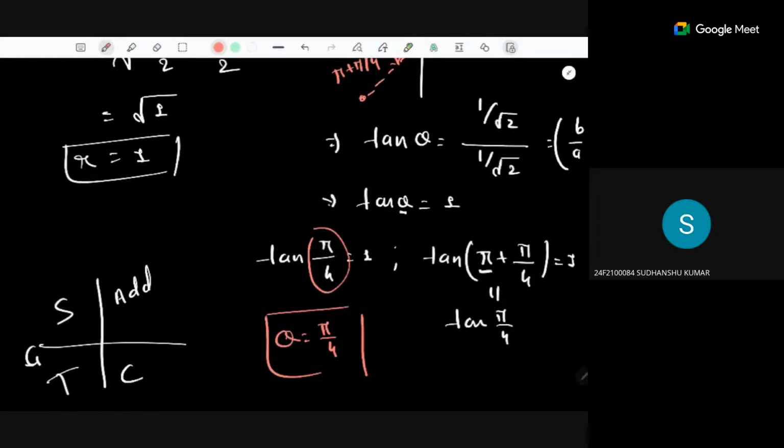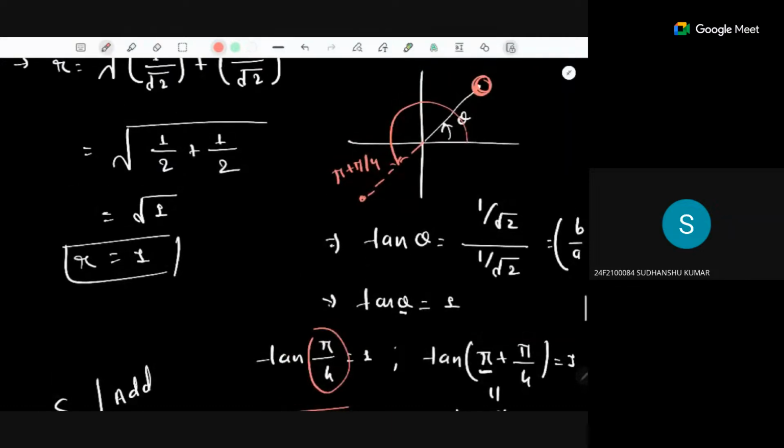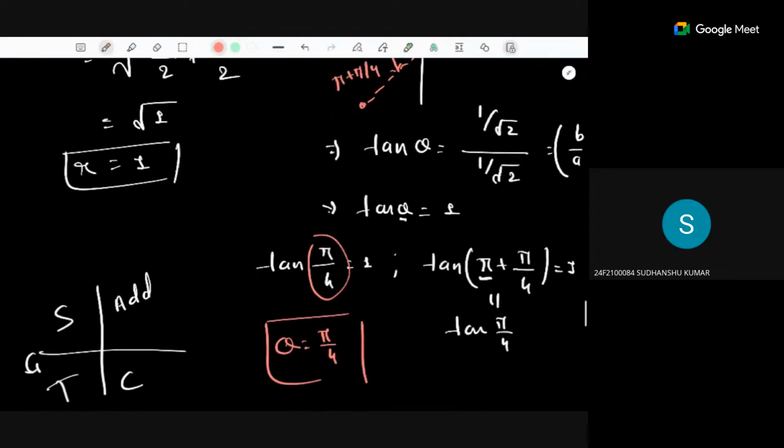That's why I was saying that you first understand in which quadrant your point lies, so that you can choose the correct value of theta. You have to choose those values of theta for which your point will lie in the same quadrant, because there are several values of tan theta which give the same numerical value. For example, tan pi by 4 is 1 and tan of pi plus pi by 4 is also 1, so you need to choose pi by 4.